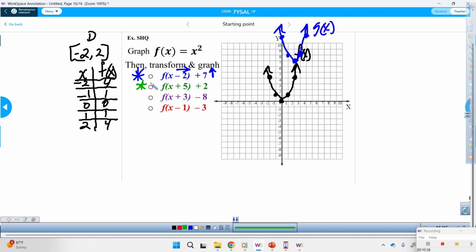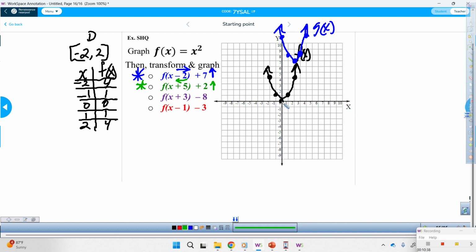Julian, the green one. 2 up, 5 to the left. Hands if you agree with that. That is correct. 5 to the left, 2 up.